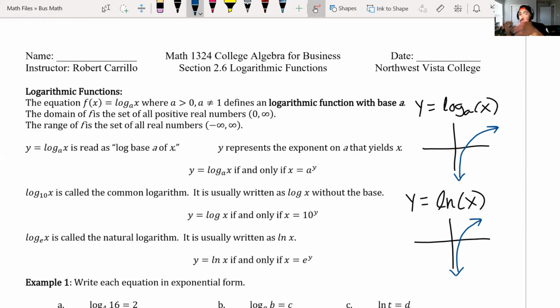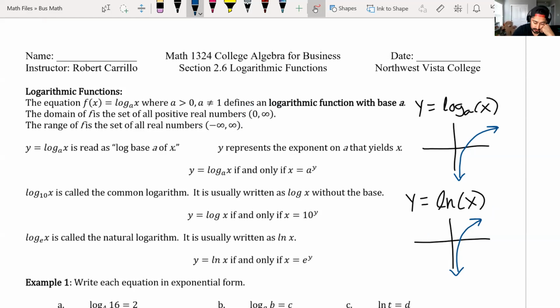You see how we never go to the other side of the axis because the domain is all positive numbers from 0 to infinity. And the range is negative infinity to infinity. That tail goes to negative infinity, and that tail goes to positive infinity. Like I said, I don't think we graphed them, but that's what the graphs look like.